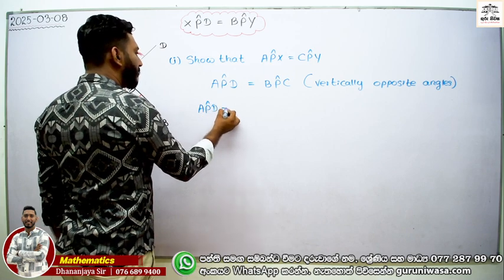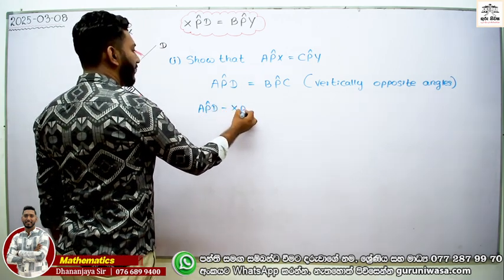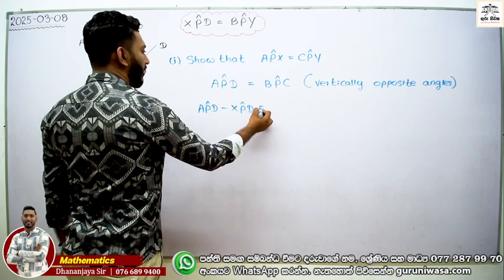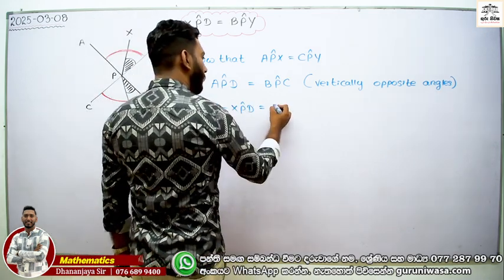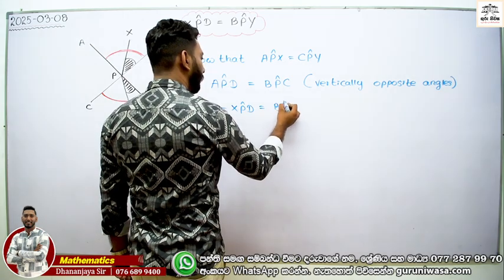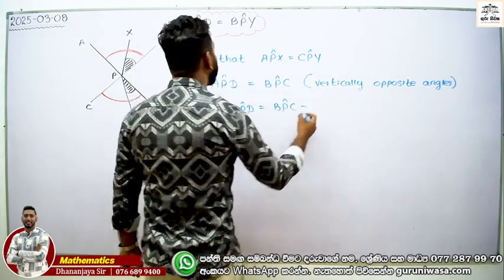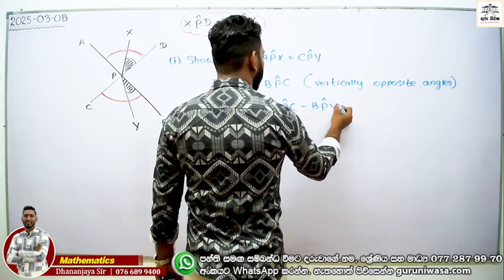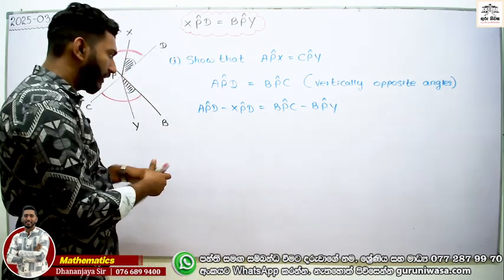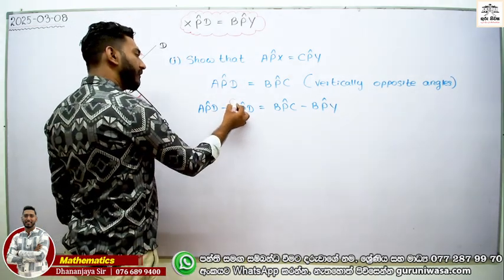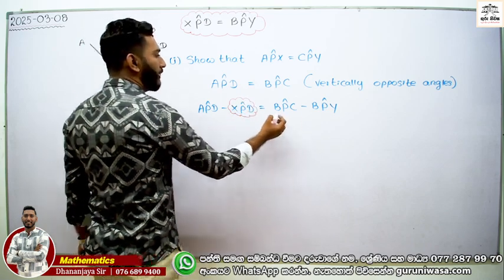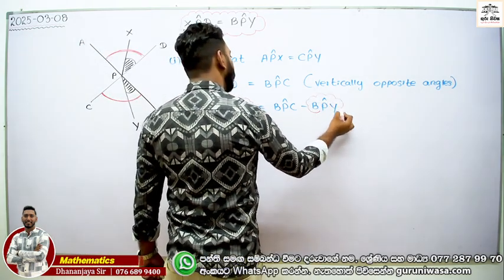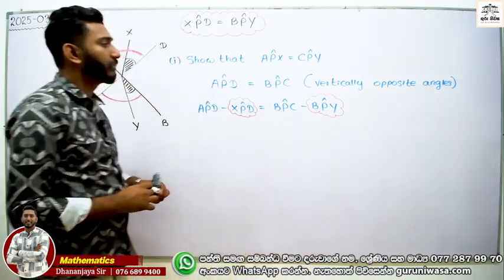Therefore, APD minus XPD as well as BPC minus BPY. Now look at that. XPD and BPY are equal. Yes or no? Yes.